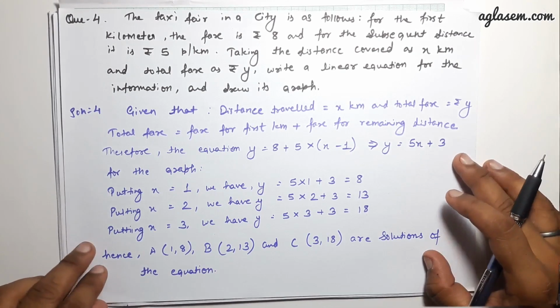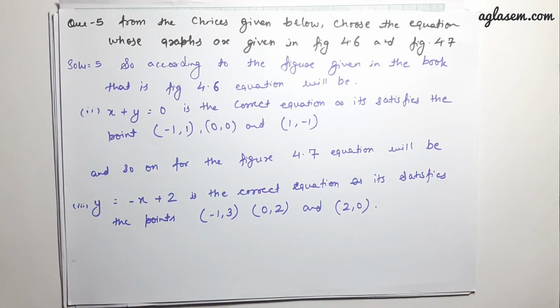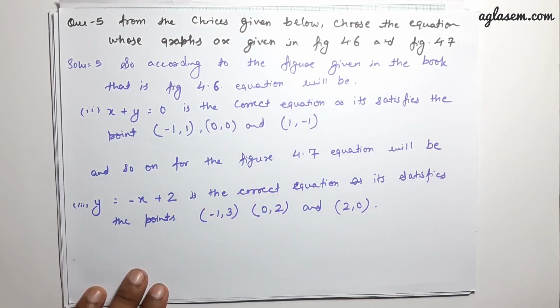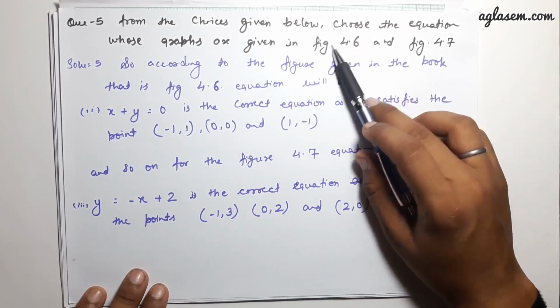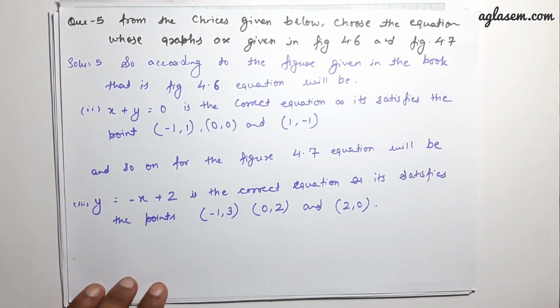for the equation. So guys, question number 5: from the choices given below, choose the equation whose graphs are given in figure 4.6 and figure 4.7. You can go through figure 4.6 and figure 4.7 in your NCERT books.